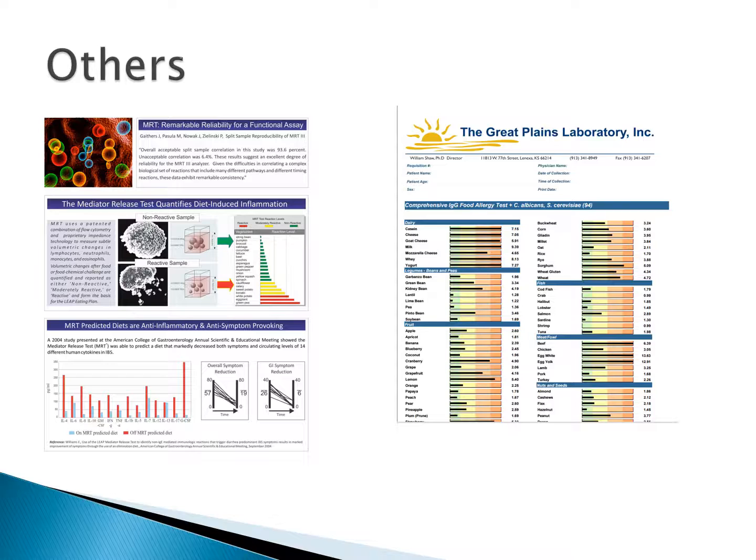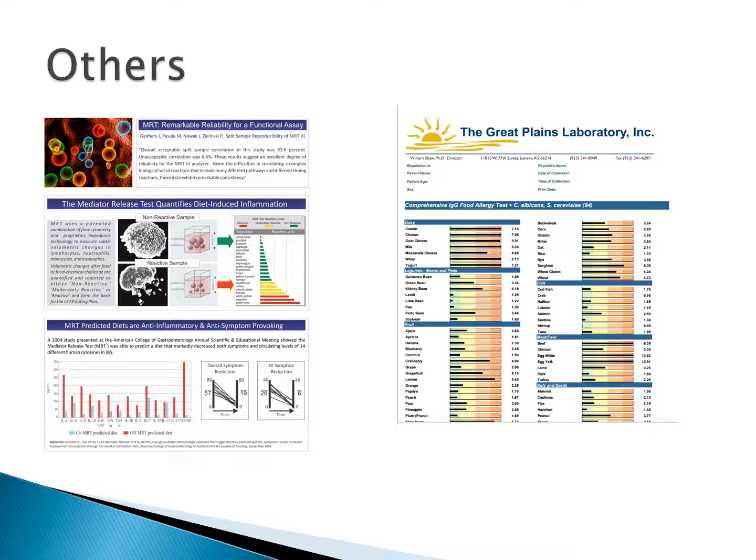And I'll go back to MRT, and they say that the overall split correlation in this study was 93.6%, and the unacceptable correlation was 6.4%. So they suggest that these are very reliable ways of defining whether or not someone's allergic to something.